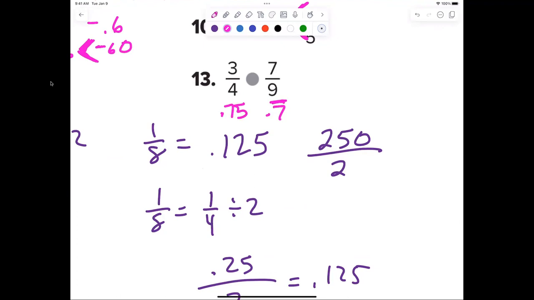Less than or greater than? Okay, so what number goes here, peeps? 7. Now you should be able to tell me, correct? So what is it? 0.75 compared to 0.77. Which one?